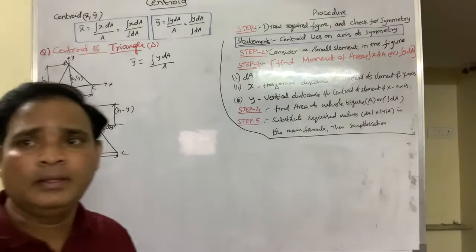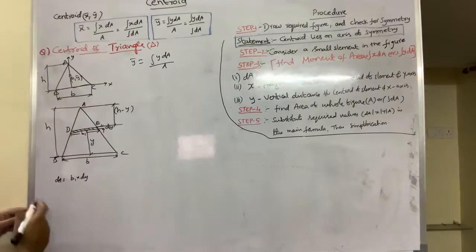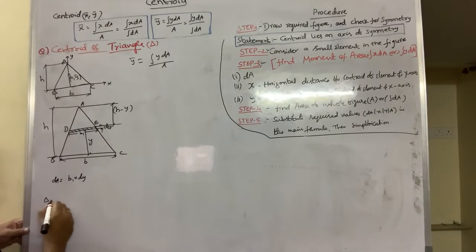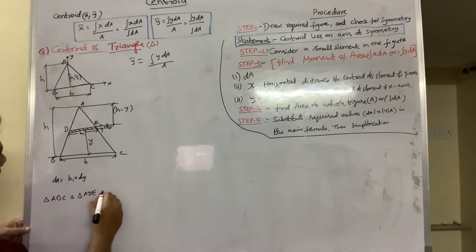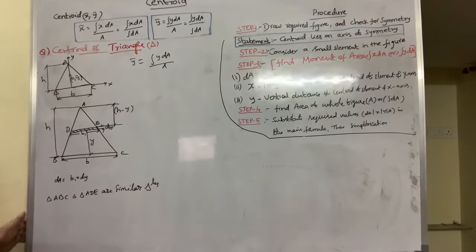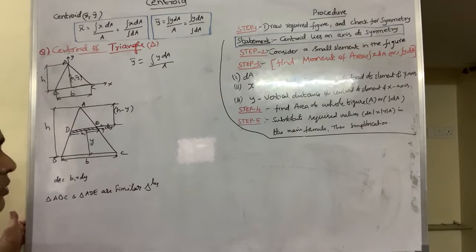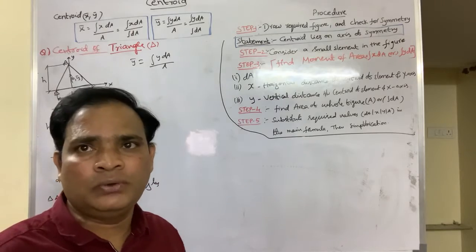So then what is B1? From the properties of similar triangles, here we can find two similar triangles, triangle ABC and triangle ADE. One property of similar triangles is that the ratio of heights can be equated to the ratio of bases.